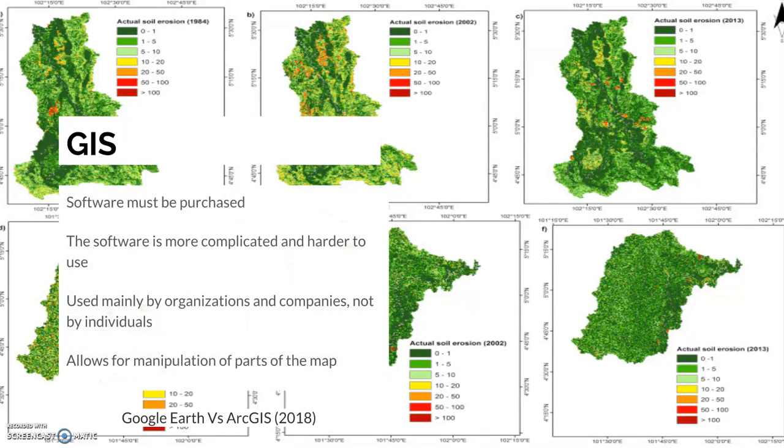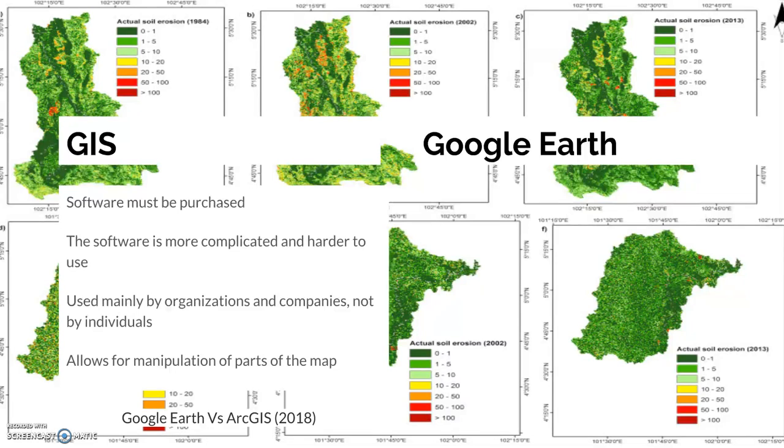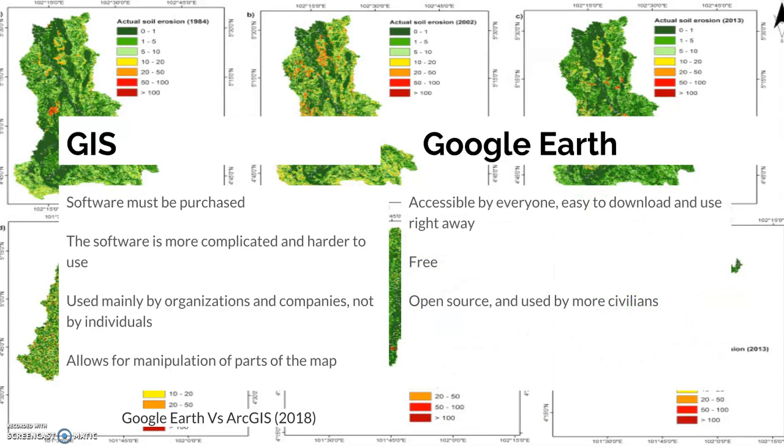Now something that I think is interesting is comparing GIS to Google Earth. The GIS software has to be purchased. It's a little bit more complicated, harder to use, which leads to it mainly being used by organizations and companies and less by individuals. But it does allow for really good manipulation of parts of the maps that you create.